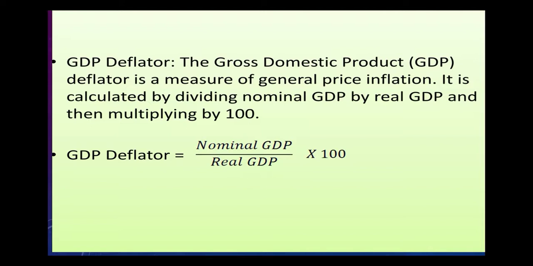The formula is: if we divide nominal GDP by real GDP and multiply by 100, it becomes the GDP deflator, and through this we can measure what the price was in the base year and what the price is in the current year. So we can measure how much the inflation rate has increased. I hope you understand.